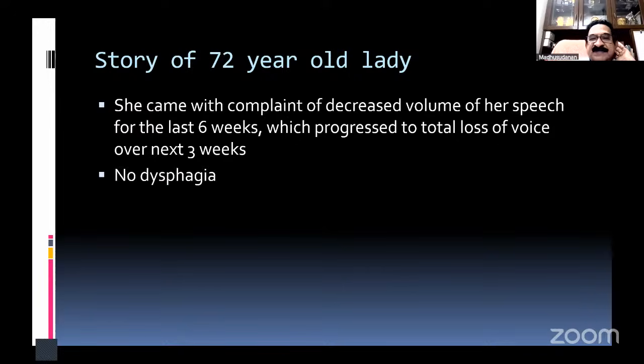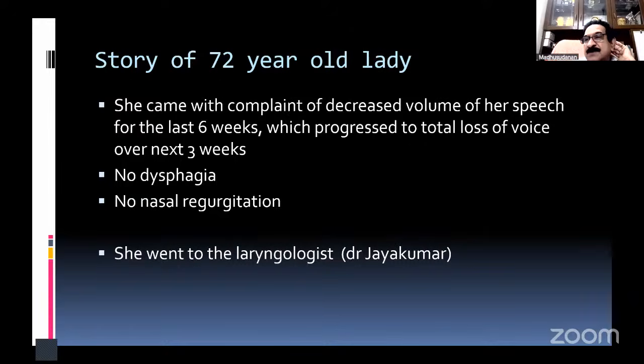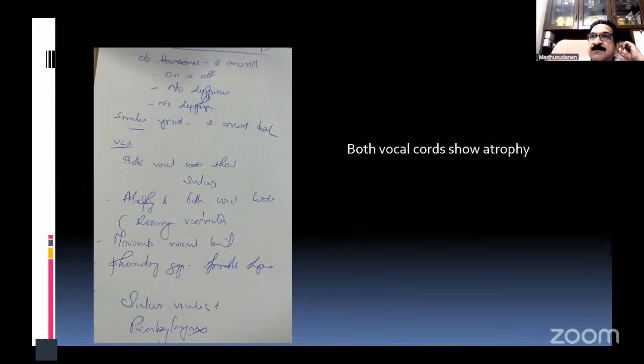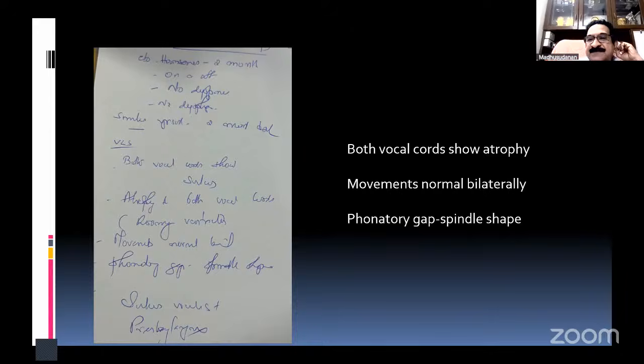There was no dysphagia, no nasal irritation. She went to the laryngologist, Dr. Jayamar, one of the famous laryngologists here. He saw the patient, and this is his observation: both vocal cords show atrophy, movements normal bilaterally, phonatory gap spindle shape. This is the report from his note.